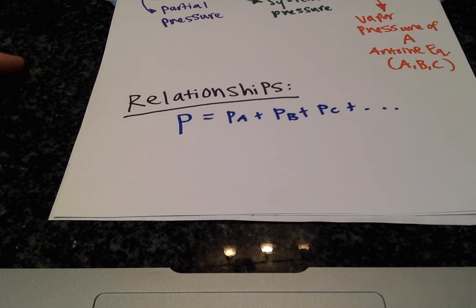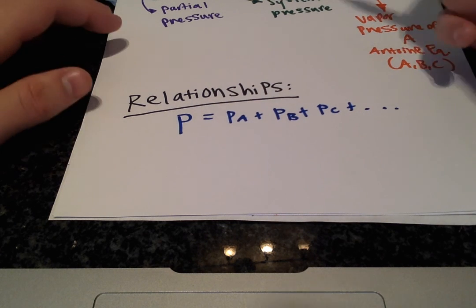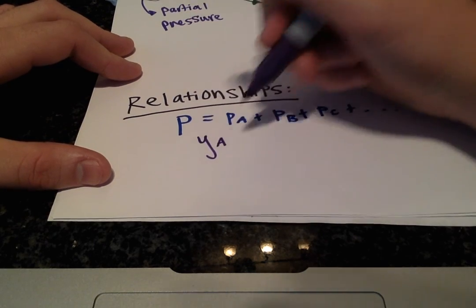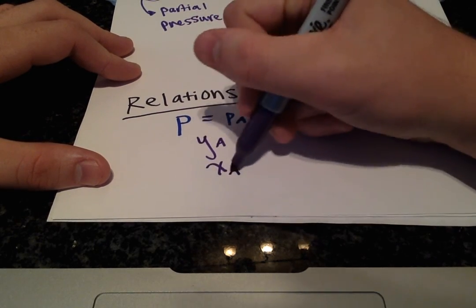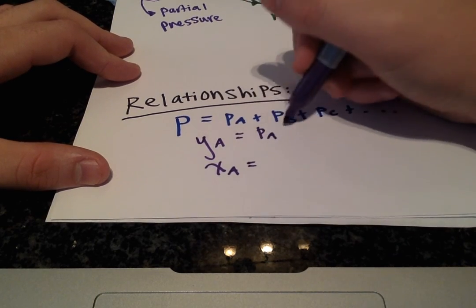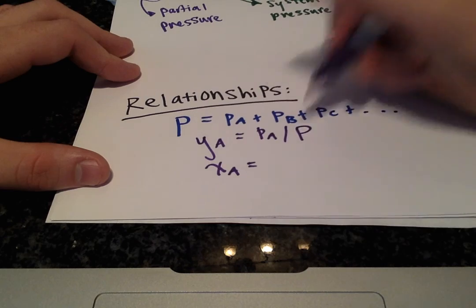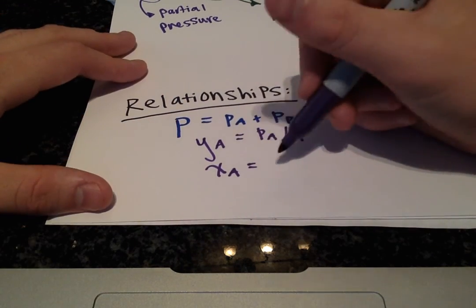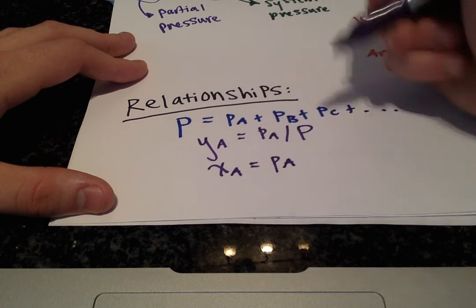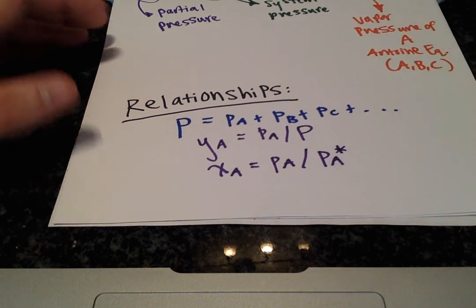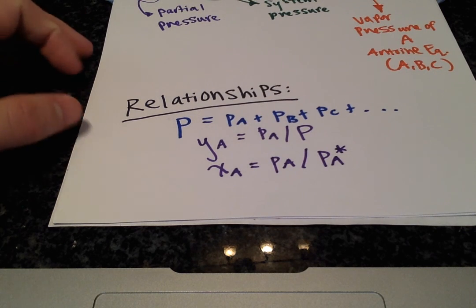If you want to solve for the mole fractions, y sub A or x sub A, y sub A is just going to be the partial pressure of that component over the total pressure, and for the mole fraction in the liquid phase, x sub A is going to be the partial pressure of that component over the vapor pressure of that component.